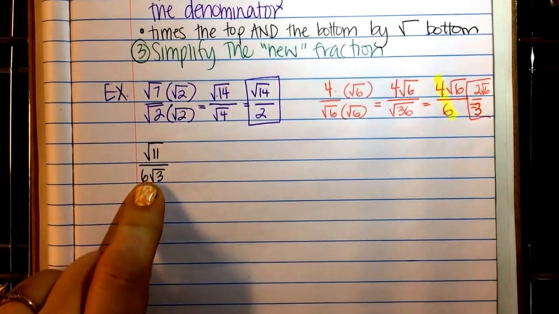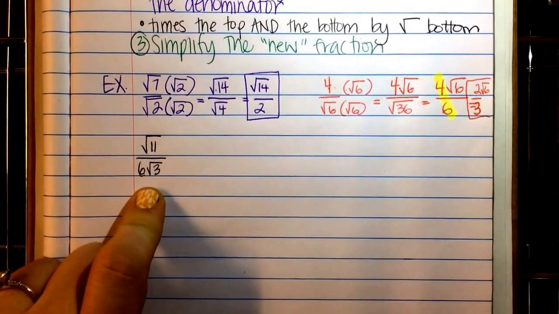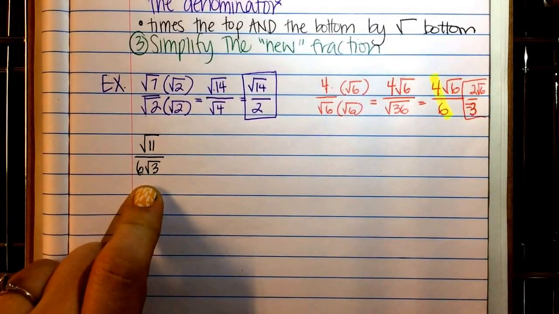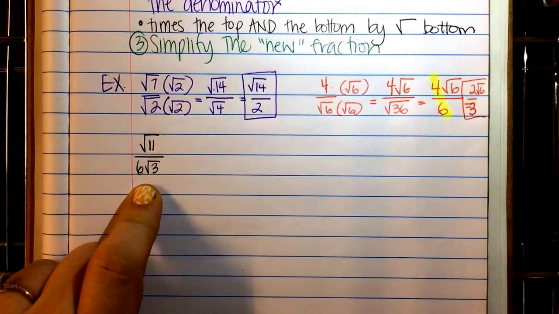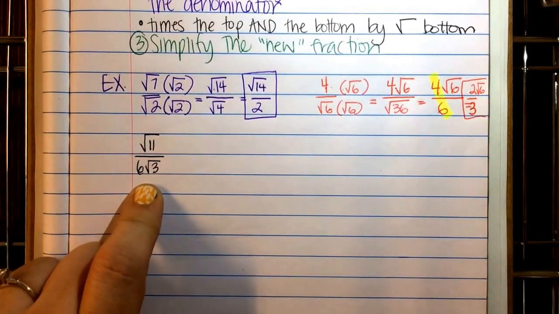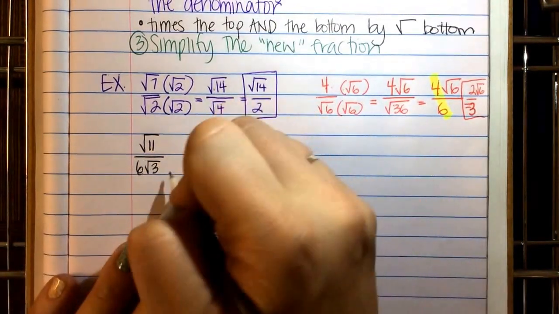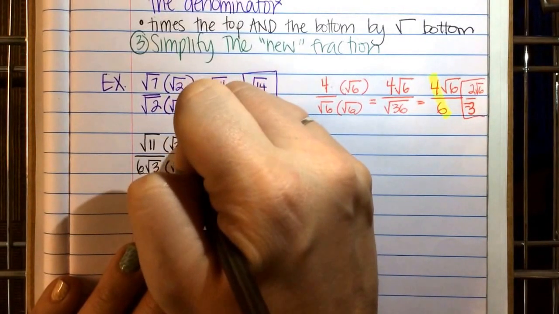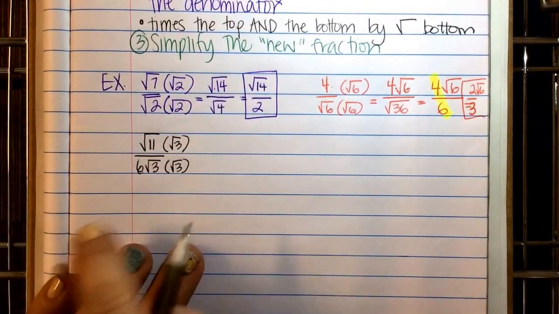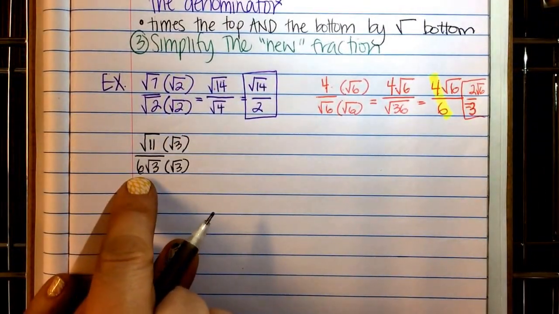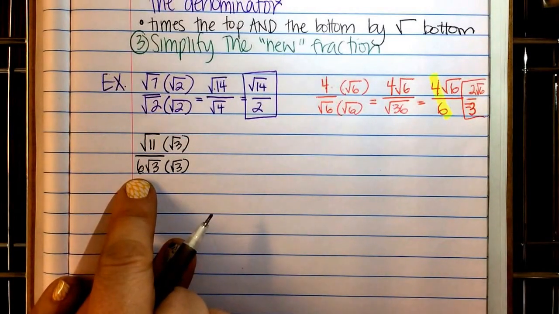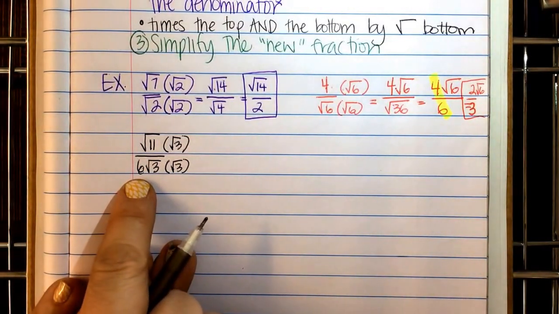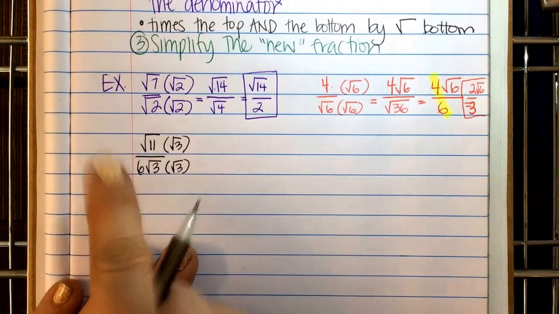No. All right, so I don't need to simplify. So I take the numerator and denominator and multiply by the bottom radical. So what am I going to multiply by? Radical 3. Don't bring that 6 along for the party. Your numbers are going to get too big. You only multiply by the bottom radical.